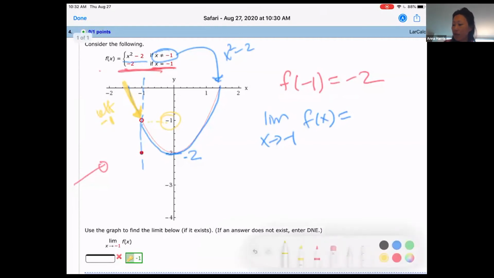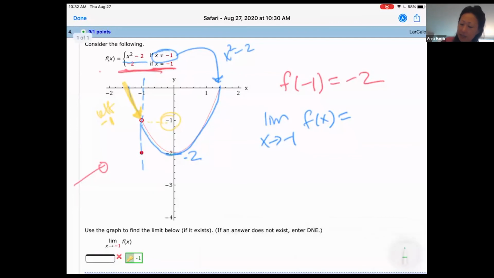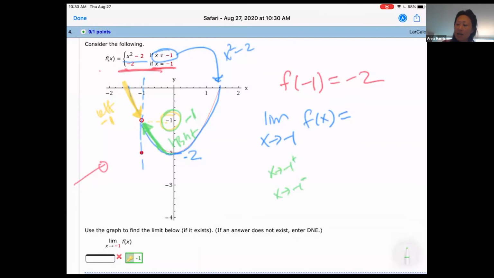Okay, now let's look from the other end, the right-hand side. Where does the right-hand side approach? Does it also approach -1? All right, so since x approaches -1 from the positive side and from the negative side, they both give you which number? -1.